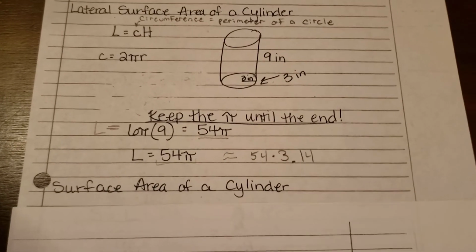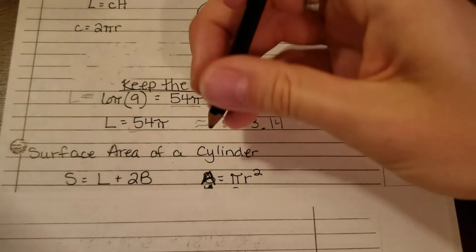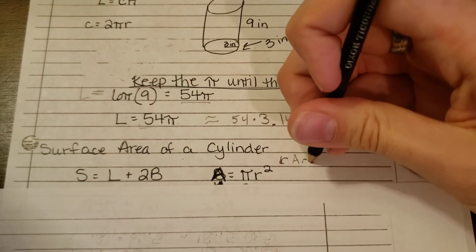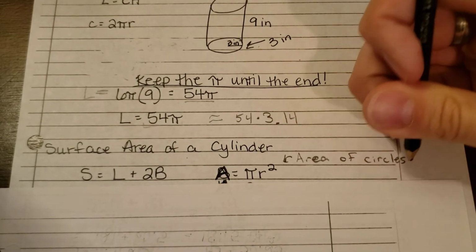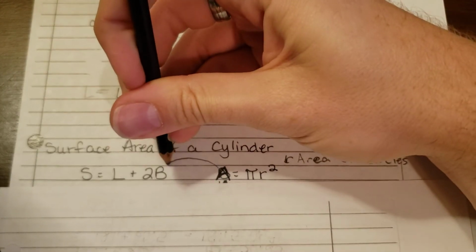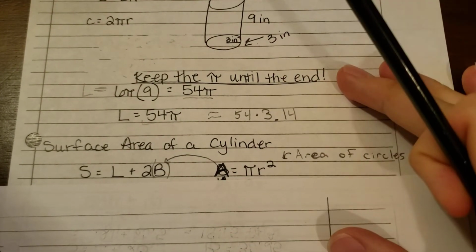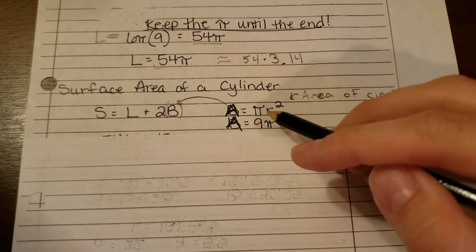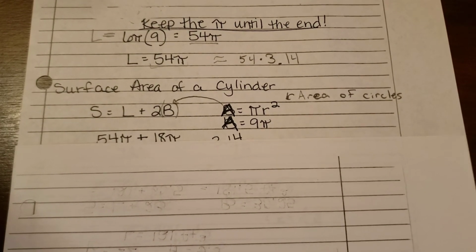Now, if we were to do the surface area of the cylinder, what I would need to do is find the area of these circles. And I'm going to need to multiply that by 2. Okay? So the area is going to be, my radius is 3, 3 squared is 9, and again, I'm going to keep that pi until the end.